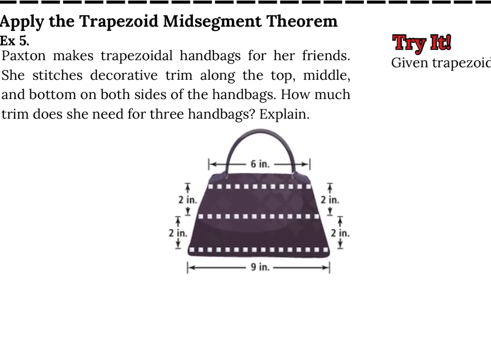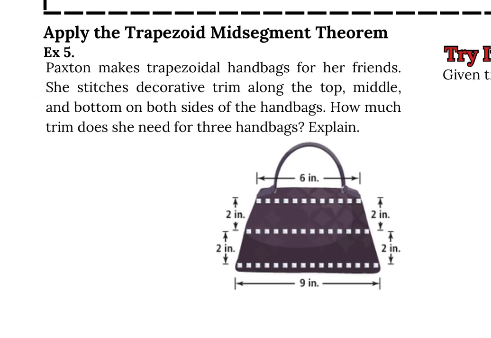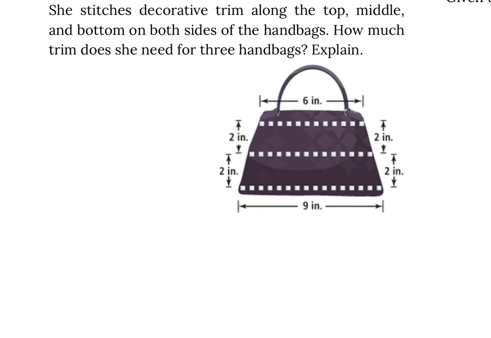Okay, so let's look at an example. Paxton makes trapezoidal handbags for her friends. She stitches decorative trim along the top, middle, and bottom of both sides of the handbag. How much trim does she need for 3 handbags? Okay, so we've got our trapezoid. We need to find the measure of the mid-segment.